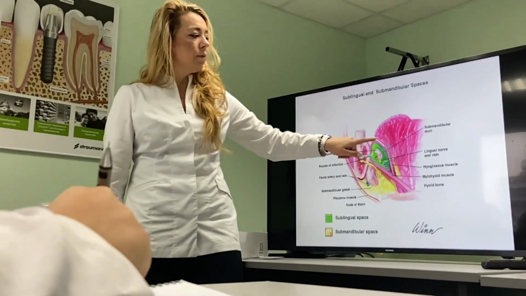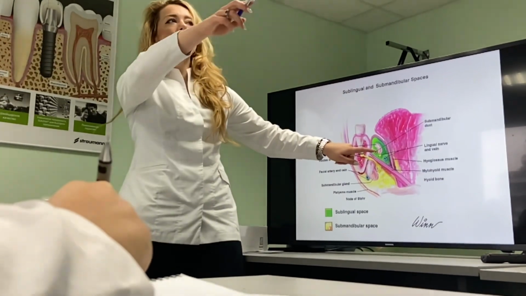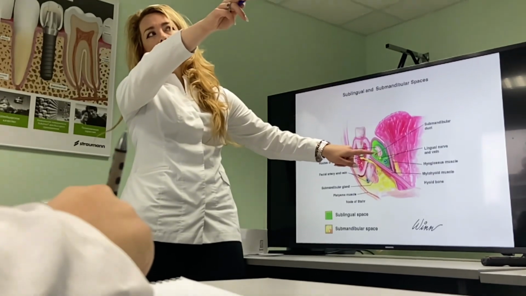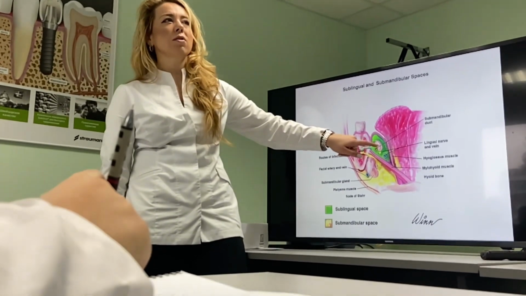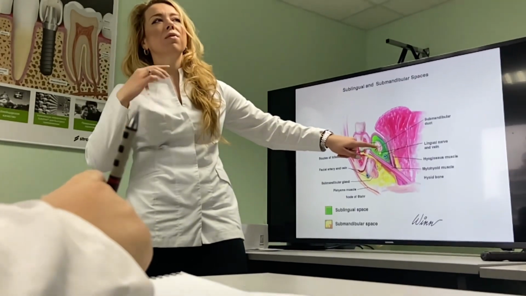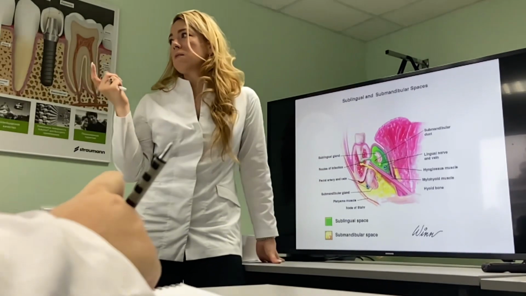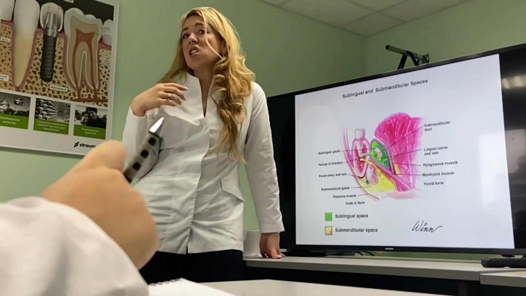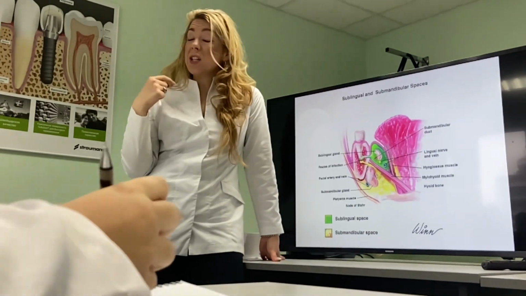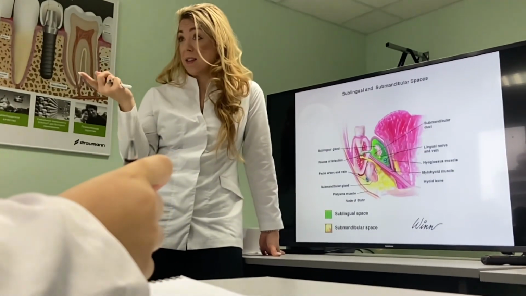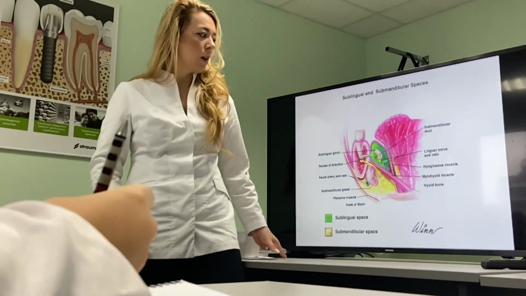If we have the inflammation in the sublingual area, what will be the clinical symptoms? First, change of the function. What does it mean, change of the function? The patient cannot speak clearly, has limitation or pain under the movements of the tongue, specific in the speech.